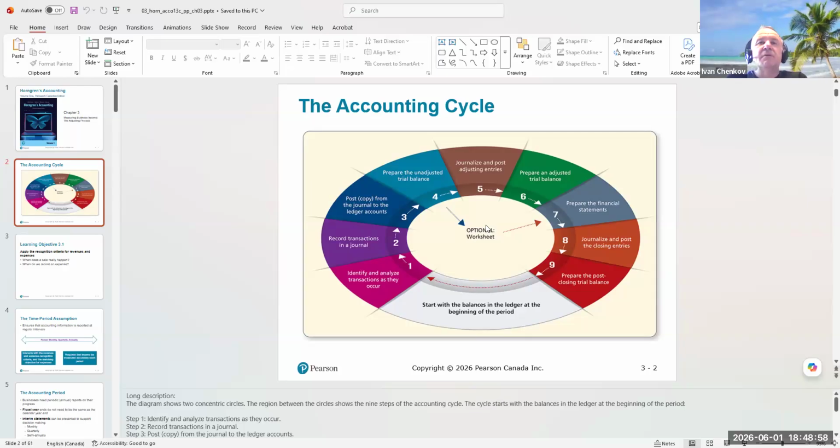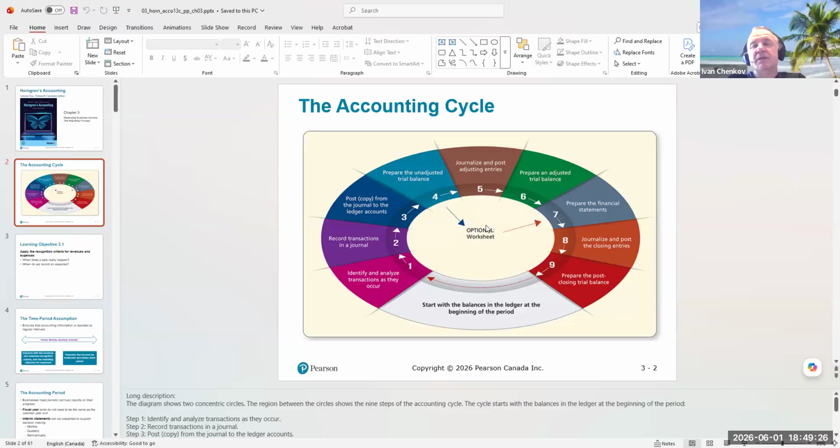In the journal, we combine everything together and call it a ledger. From the ledger, we're going to extract the ending balances of each account. Structure: first asset, second liability, third equity, fourth revenue, then 5, 6, 7, 8 expenses. And we're going to prepare a trial balance. This trial balance will be before the adjusting entries.